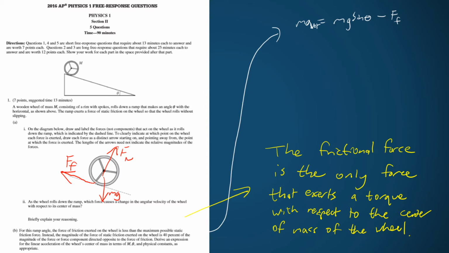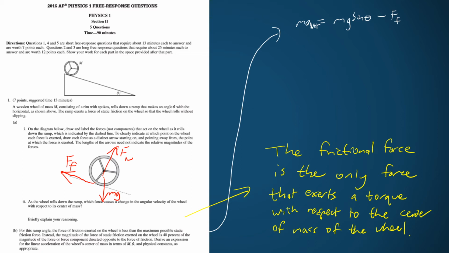But it says the force of friction exerted on the wheel is less than the maximum possible static friction. Instead, the magnitude of the force of static friction exerted on the wheel is 40%.